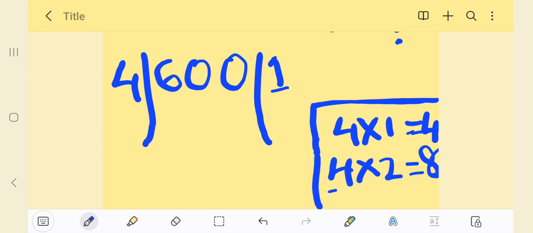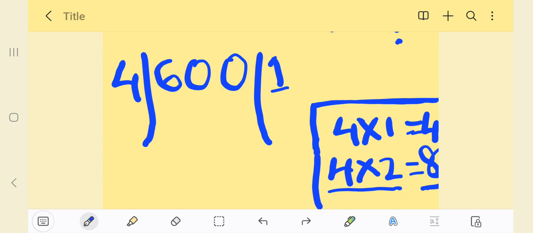We cannot go with 4 times 2 because 8 is a bigger number than 6. We are always looking for less than 6 or equal to 6. 4 times 1 equals 4, but we cannot go with 4 times 2 because 8 is bigger.